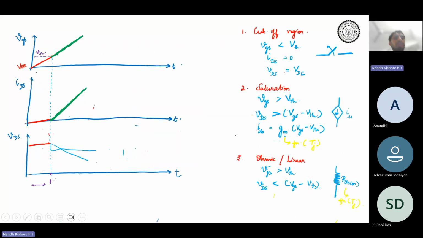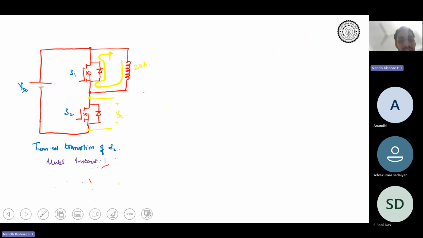So beyond instant 1, your gate source voltage increased like this, so your drain current also increases like this, and the device is behaving like a constant current source. So let's draw the equivalent circuit.